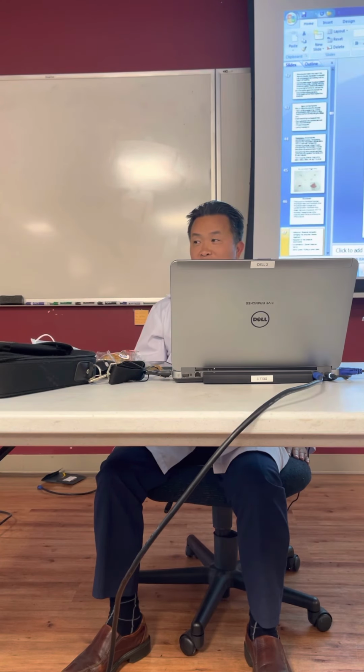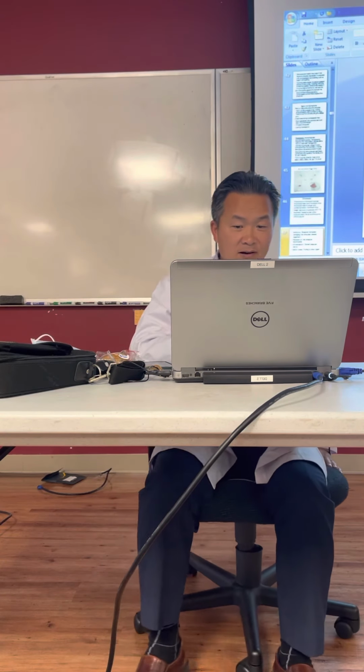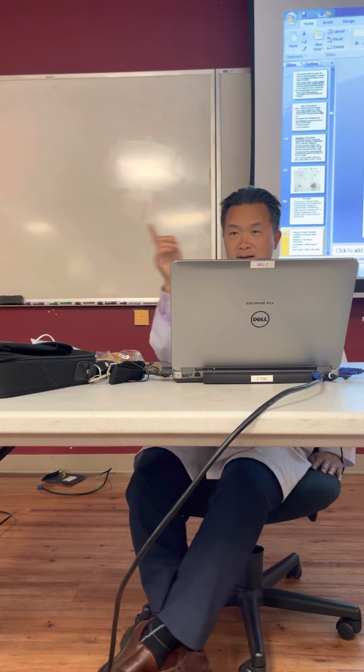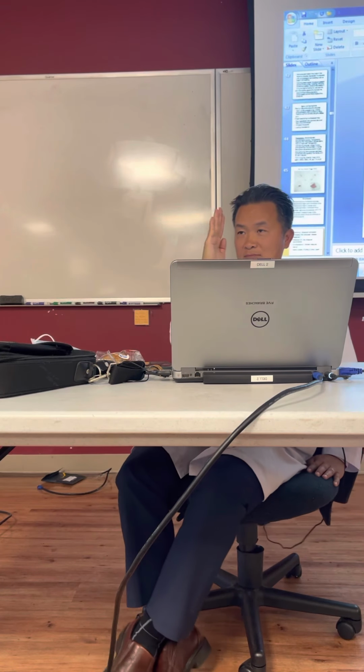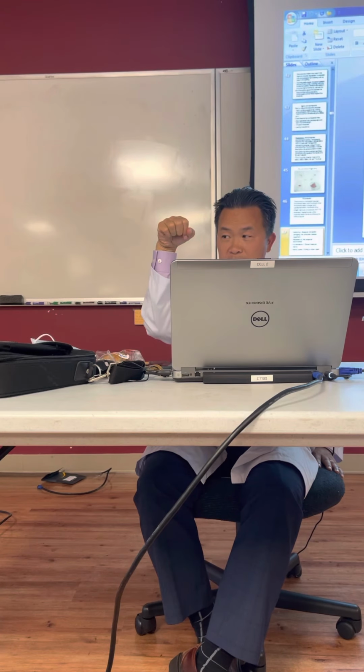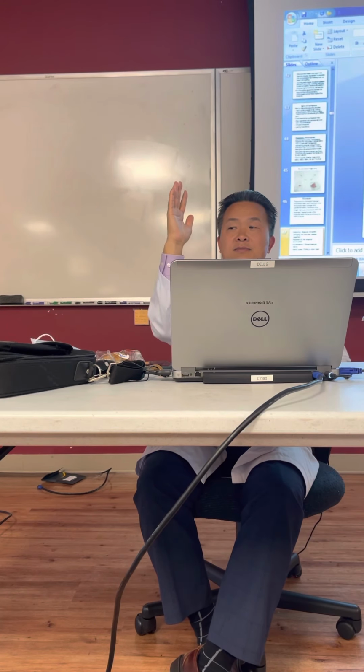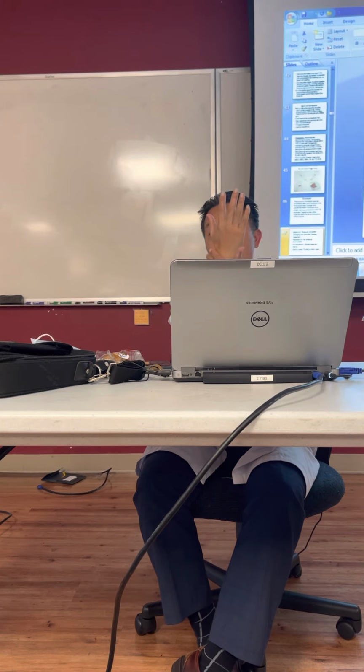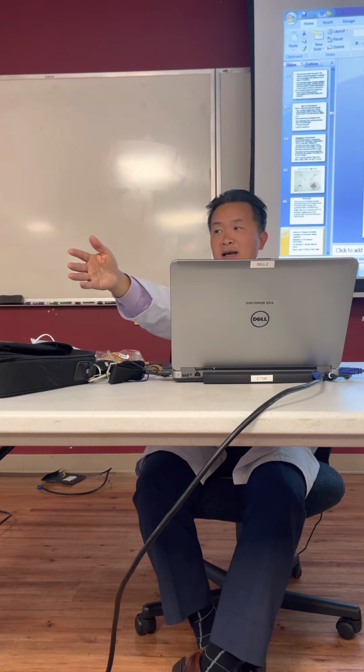Make sense? So the muscles have to work balanced together. For example, if I do this, normally it is balanced, so this muscle and this muscle work together to keep my hand straight like this.